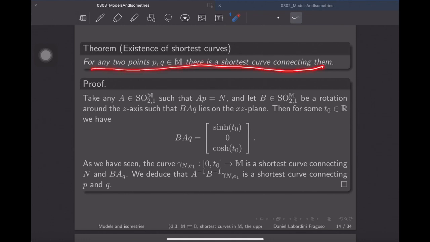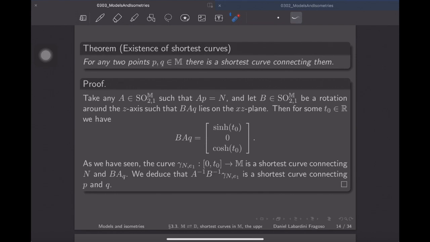That's my point. Now, given any 2 points, there is a shortest curve connecting them, and the argument is more or less simple. I have my 2 points, and I can use an element of the restricted Lorentz group to place one of the 2 points in the North Pole. I place it in the North Pole, and then I use a rotation around the z-axis to move it to the xz plane.